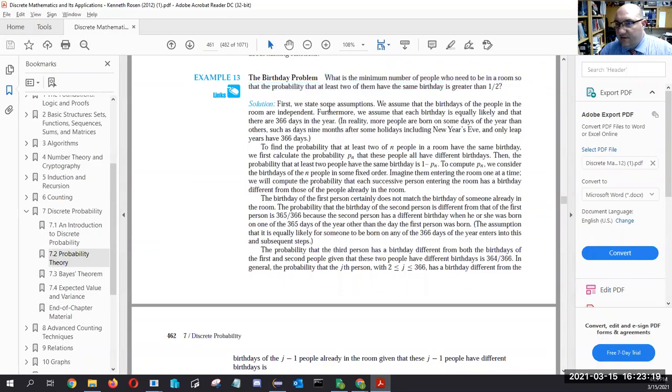Furthermore, we assume birthdays of the people are independent, equally likely on any of 366 days per year. Okay, so let's go in and fix that in our code.